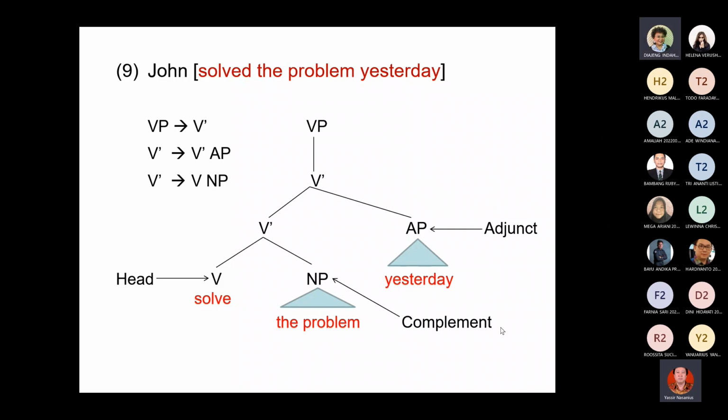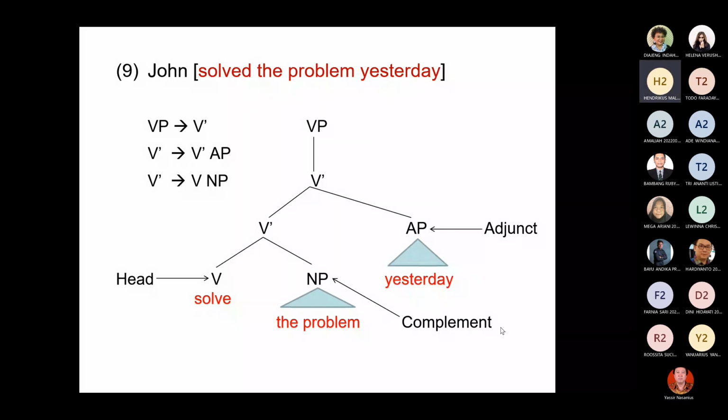If you don't have the V bar, you will not be able to draw the adjunct correctly, and your tree will not be able to show the difference between adjunct and complement. Okay, thank you.